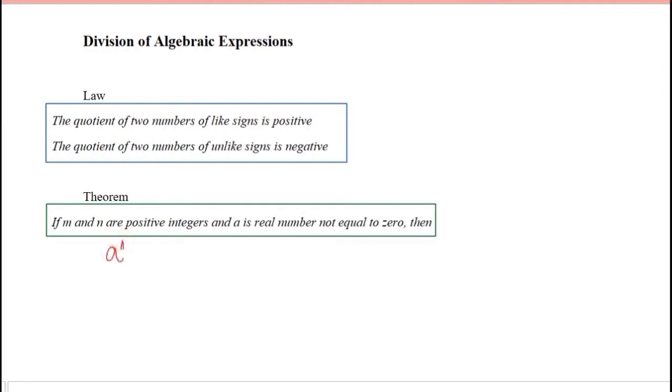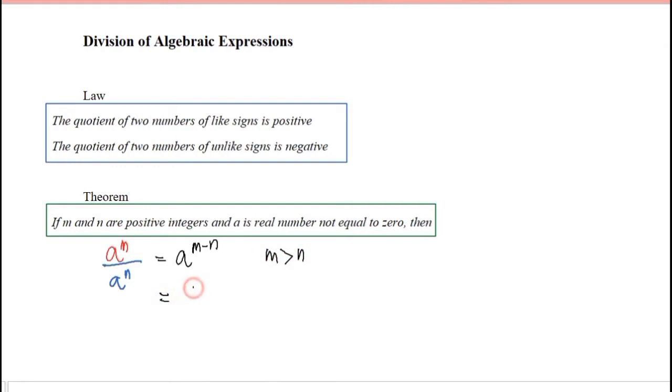the quotient of a raised to m over a raised to n is just equal to the difference of the exponent, a raised to m minus n, provided that m is greater than n.